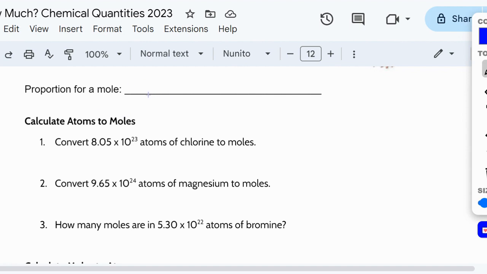And you have this mole, 1 mole equals 6.02 times 10 to the 23rd, on the back of your periodic table. Now, if we want to calculate atoms to moles, we're going to use that as our conversion. So 8.05 times 10 to the 23rd.